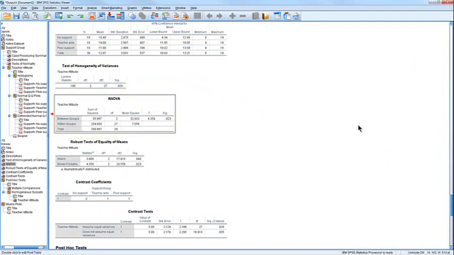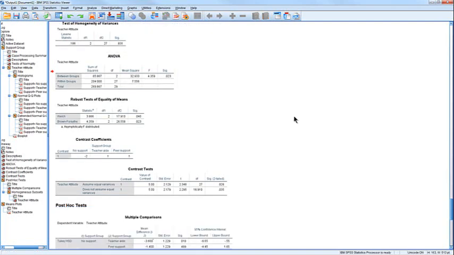If that Levene's test had been statistically significant, indicating a violation of homogeneity of variance, we would have reported either Welch's F or Brown-Forsythe's F. Both of those tests produce the same result as the regular parametric, all assumptions valid F ratio, which is that there is a statistically significant effect, that not all means are equal.